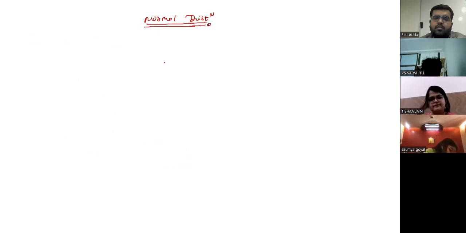Now, this is all about mathematical expectations. Now we need to move to normal distribution. So in the case of normal distribution, first of all, what is normal distribution? Let's discuss that.